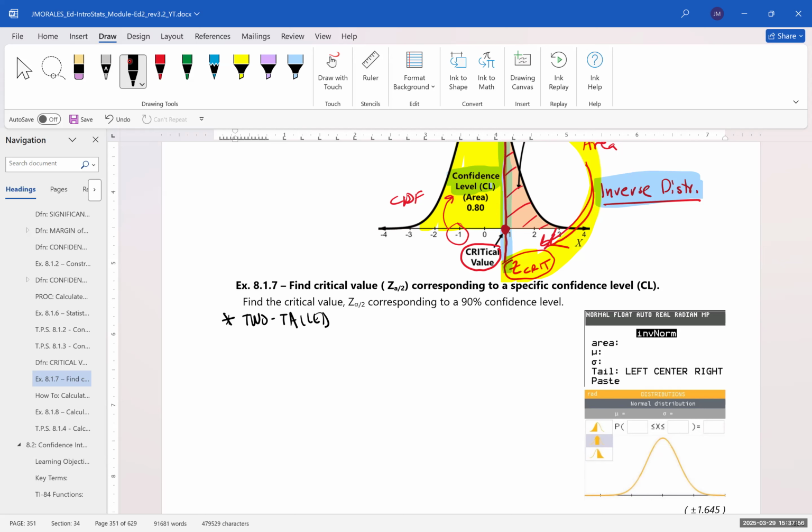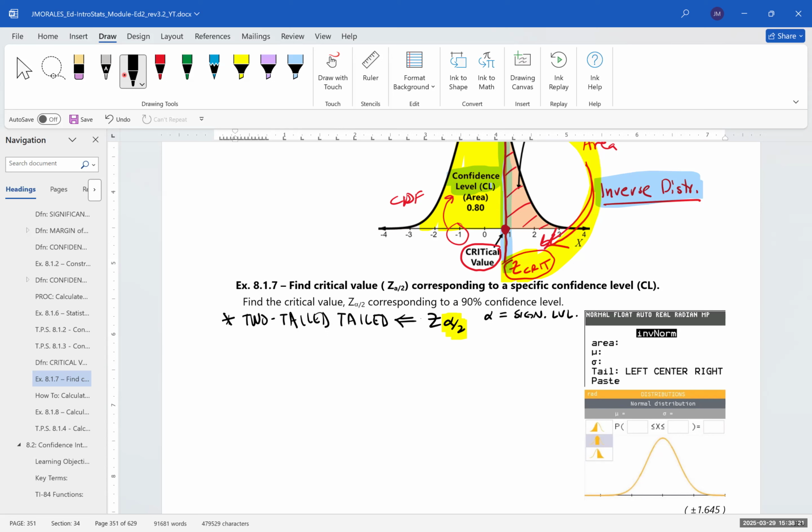How do I know that this is a two-tailed distribution? I know that because we're being tasked with finding Z alpha 2. Remember that alpha represents the significance level.